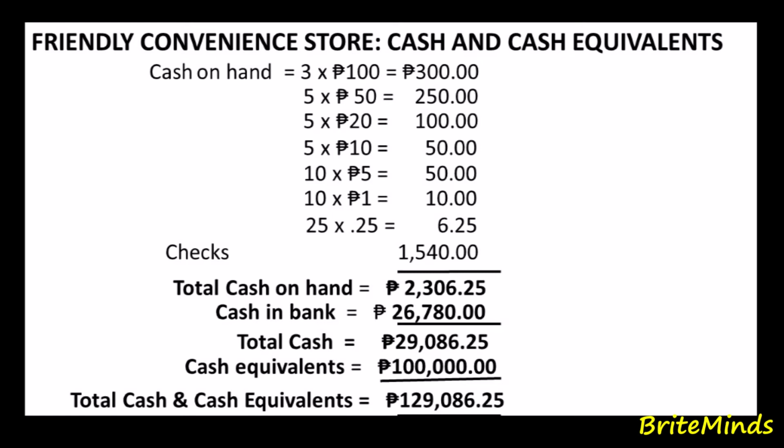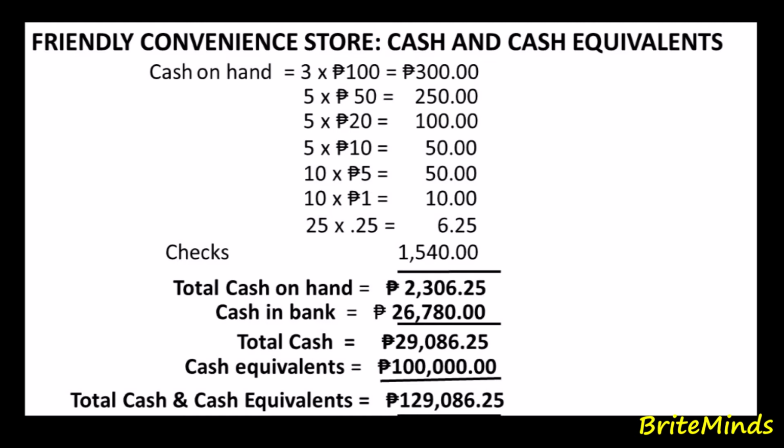So take note, only the check dated December 31, 20X1 is considered as cash because the date is on December 31. So the check dated January 3, 20X2 is a post-dated check. So this is not considered as cash as of December 31, 20X1.